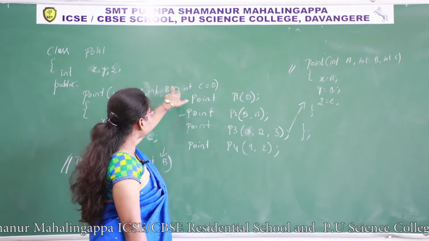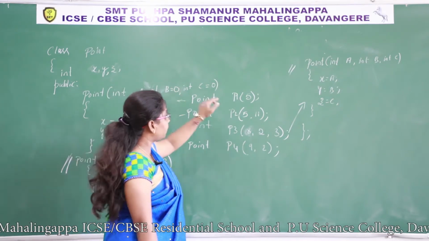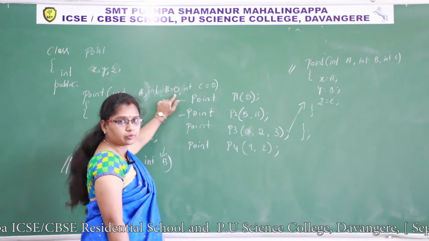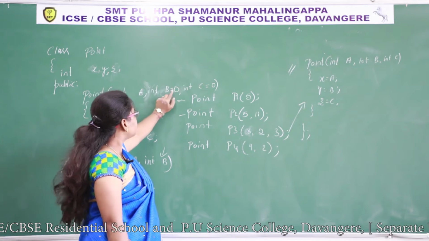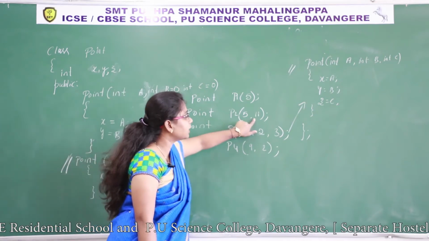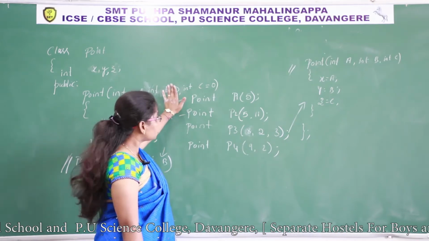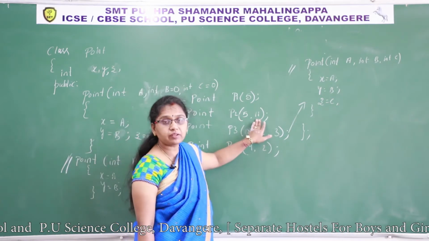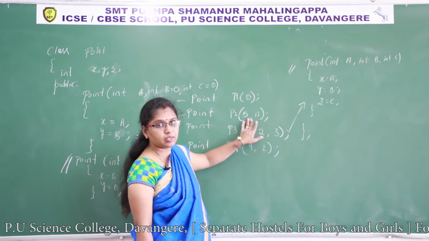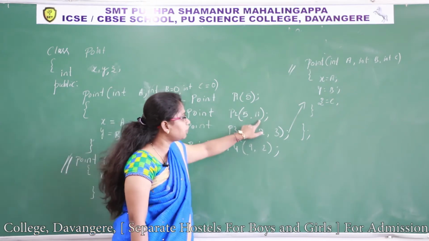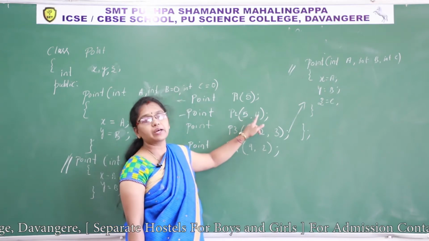Though we have a default value, if you are passing a value explicitly then the passed value overwrites the default value. Understood? This B value is overwritten by 11. You have taken a default value, still you are passing a value from the main function, from this object. Then this default value is overwritten by this argument, this parameter.